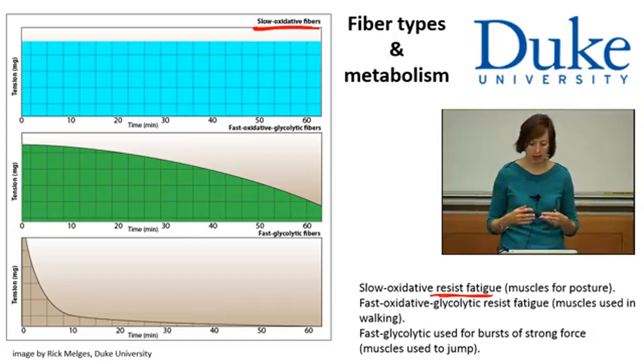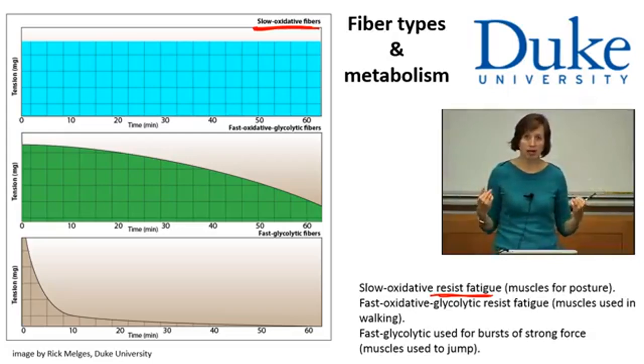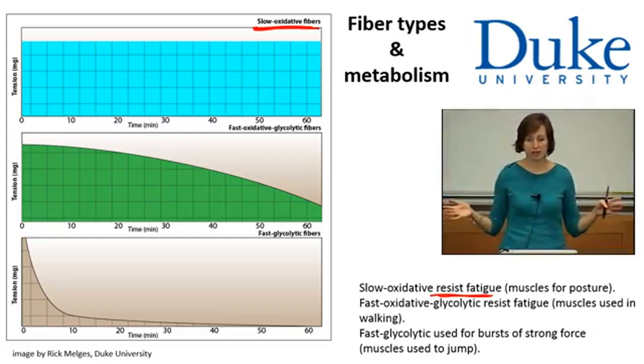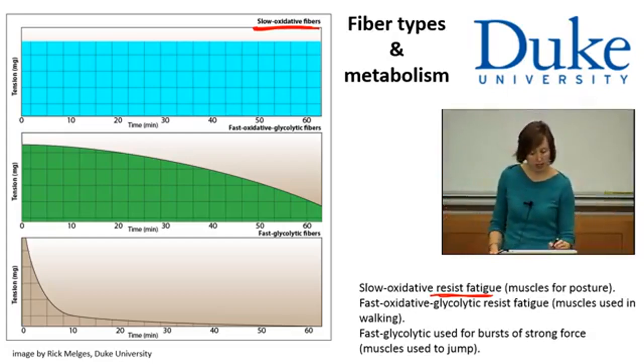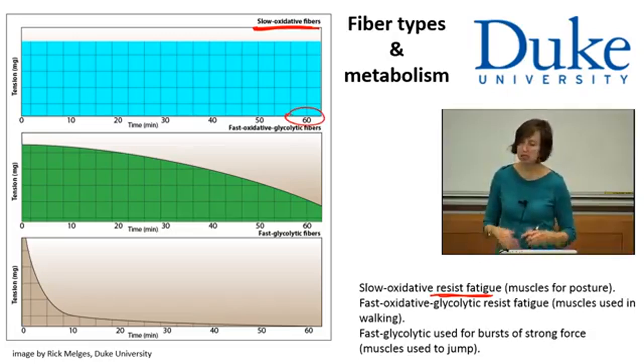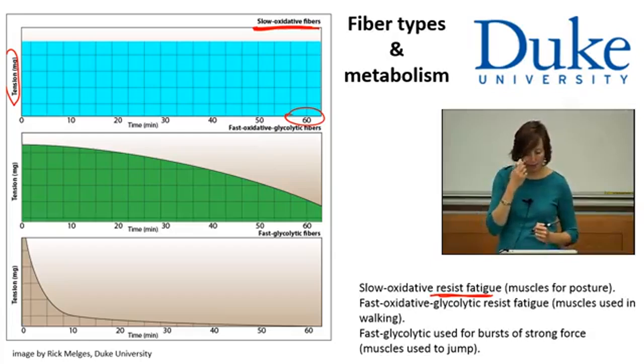They will tend to have more slow oxidative fibers. They need to be able to contract all day. They don't have to form a lot of force to keep us upright, but they need to be able to contract all day. And so that's what's shown here, where over 60 minutes, they're still able to produce the same amount of tension that they could at the beginning, and that will continue.